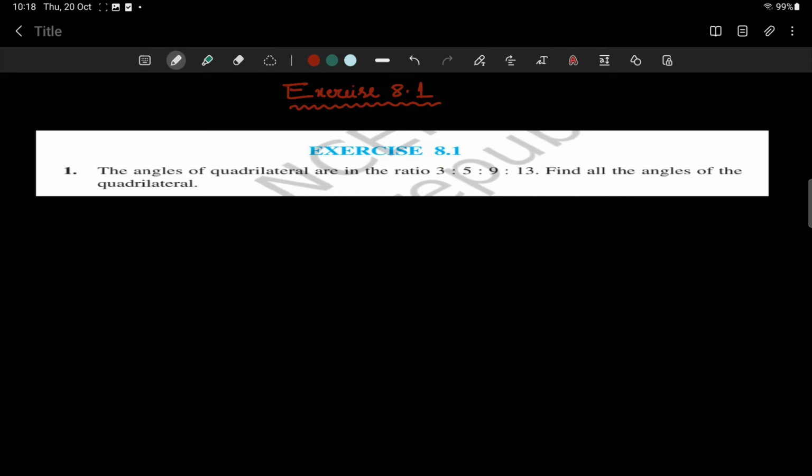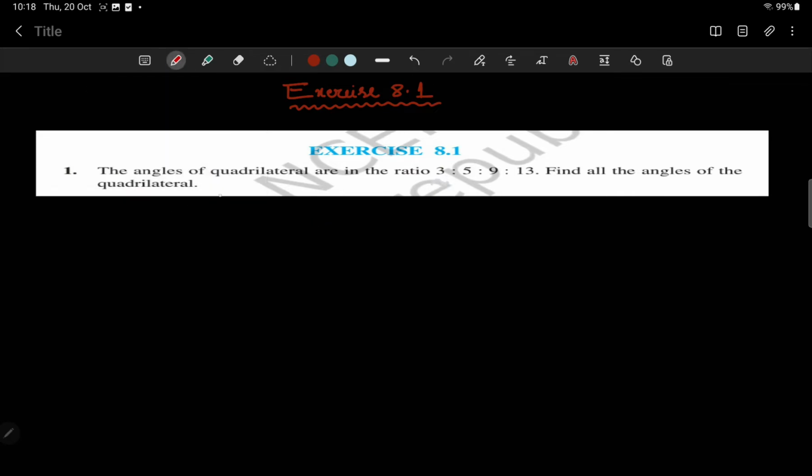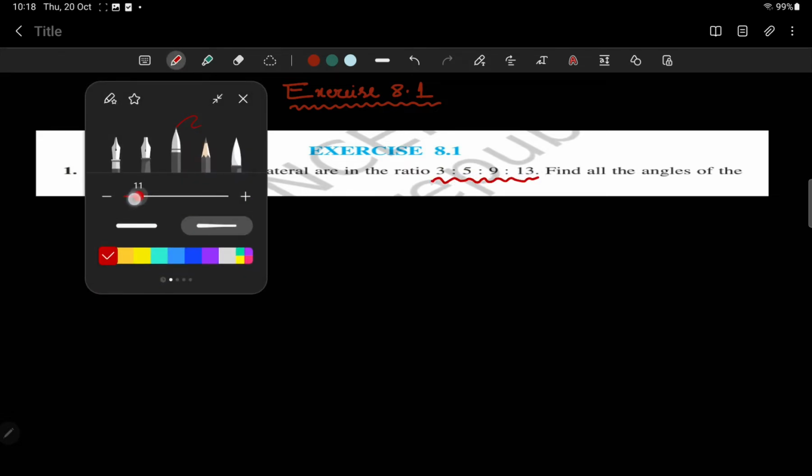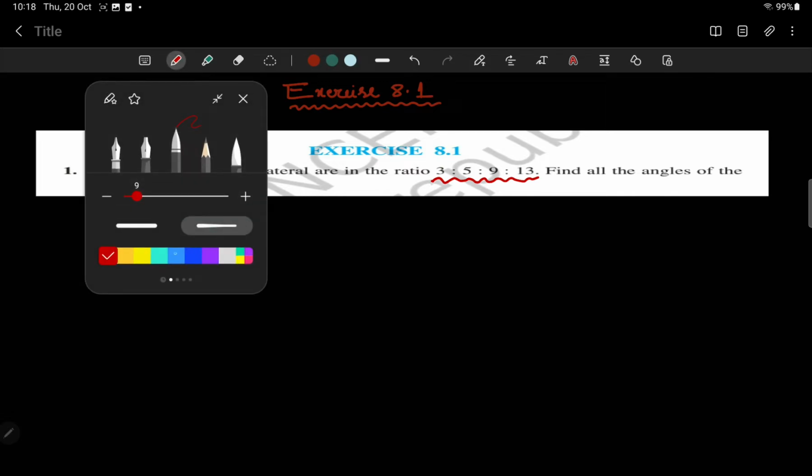Question number 1. It is given that the angles of a quadrilateral are in the ratio 3, 5, 9, 13. This is given as the ratio of the angles.